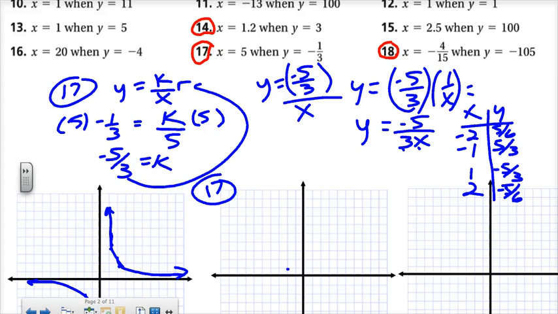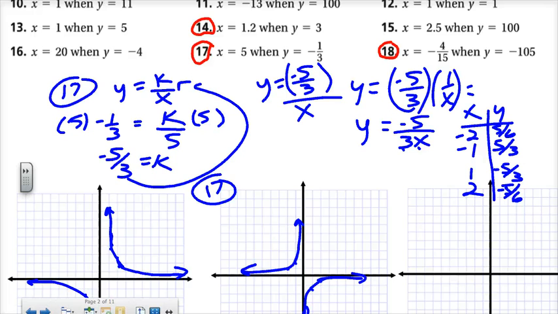At negative 1, 1 2/3, and then at 1, negative 1 2/3, and 2, negative 5/6. And then again, draw in those branches with the asymptotes of the x and y axis.